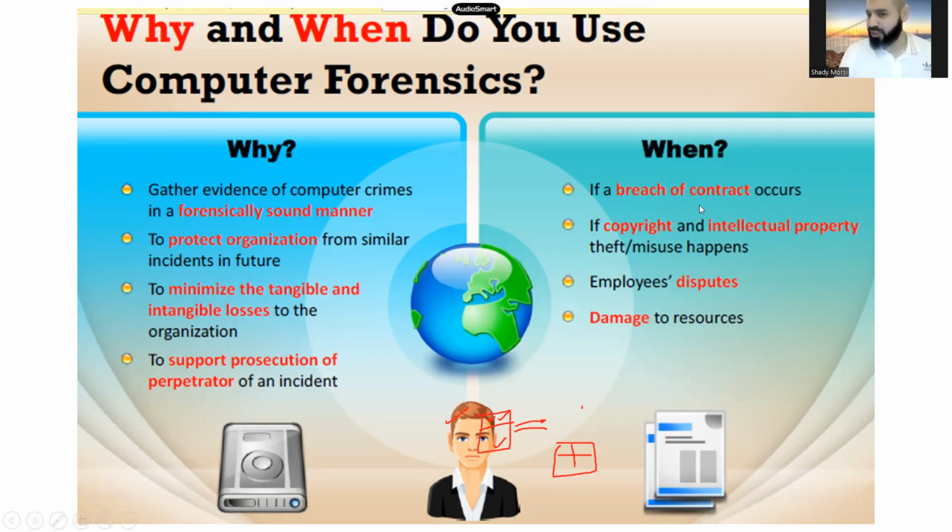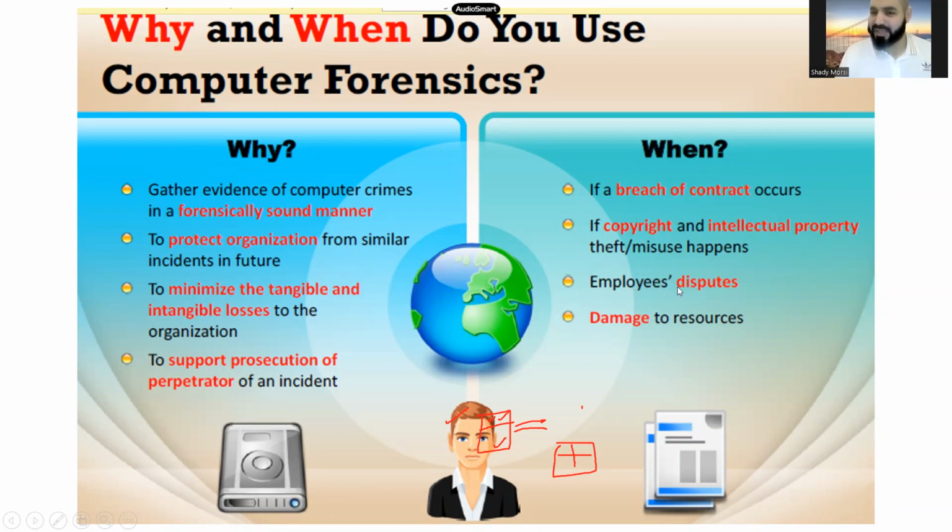If a breach of contract occurs, or copyright and intellectual property theft or misuse happens, then you need someone to understand who stole this intellectual property or who is stealing the copyright. That's why China and the US right now are accusing each other of stealing intellectual property and copyrights.